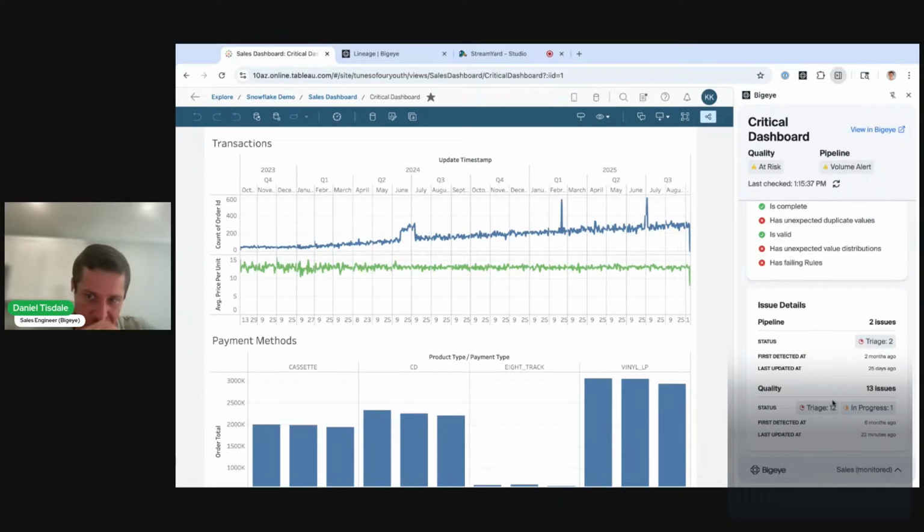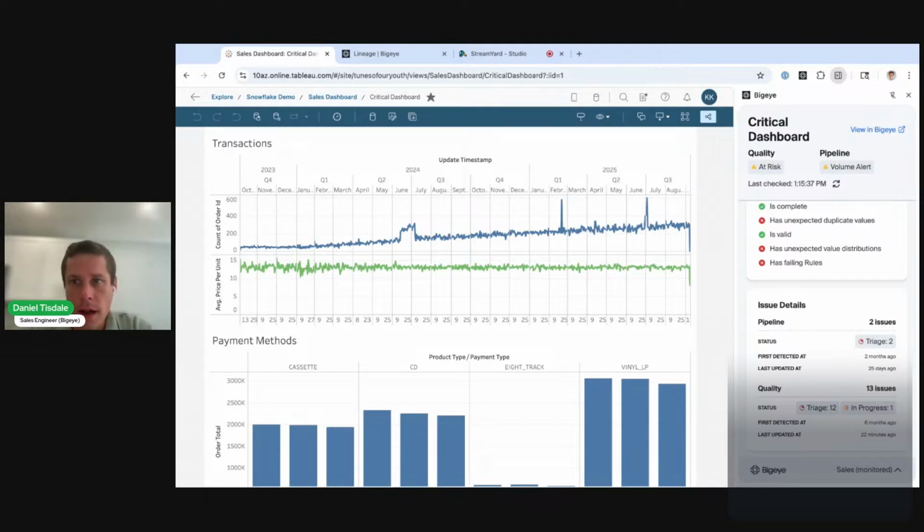So all of the issues except for one of the quality issues are still in a triage state. So this also tells me a little information to know that, hey, maybe the appropriate teams haven't been notified around these specific issues. So again, just another indicator that if I'm wanting to make some critical business decisions based off of this dashboard, I don't feel super confident in being able to do that.